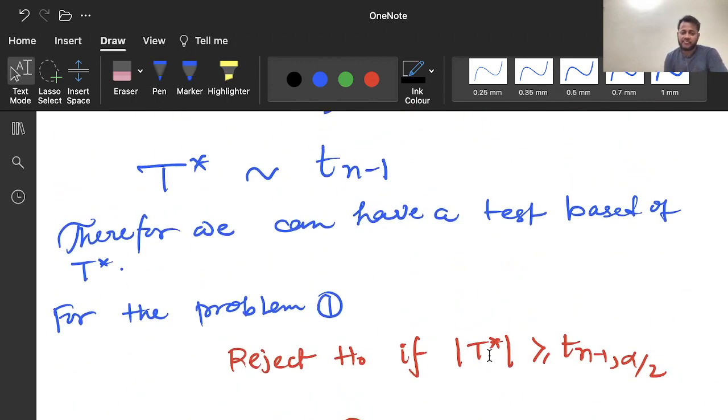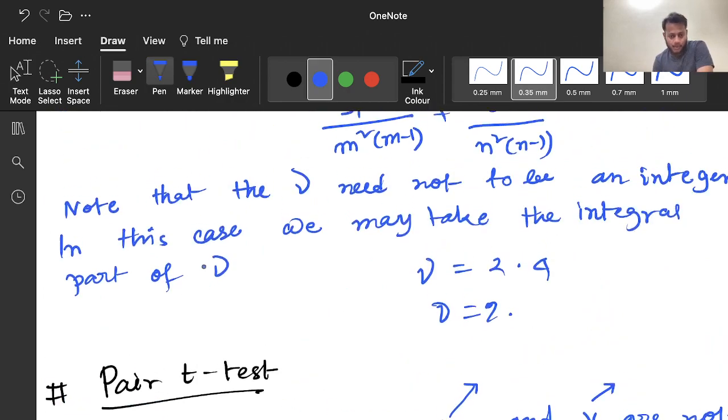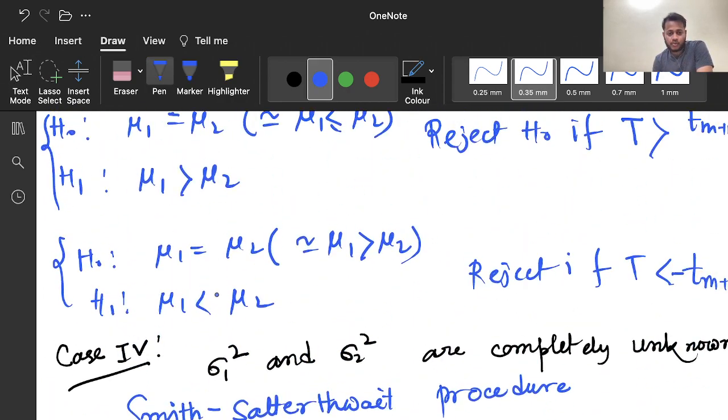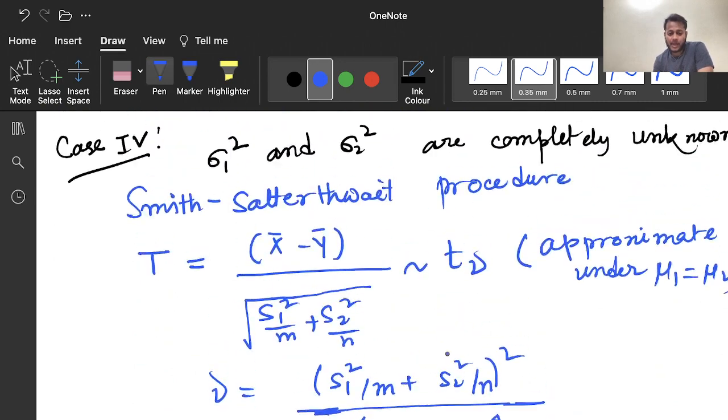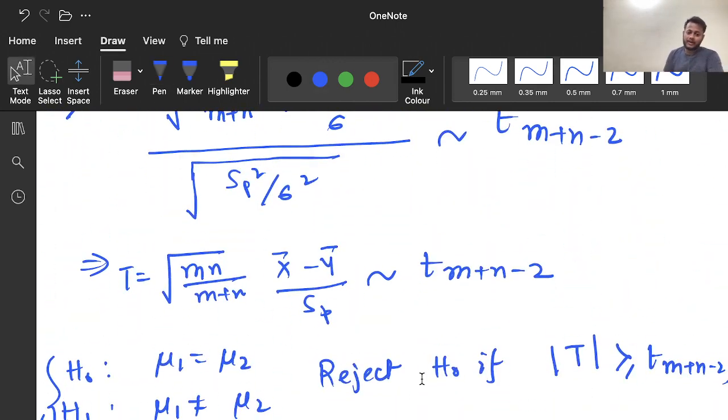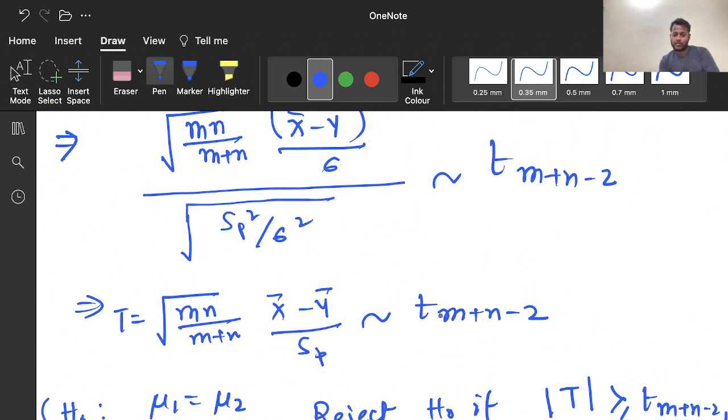You see, if there is no correlation between them, we will get a test with degrees of freedom in the order of m plus n minus 2.